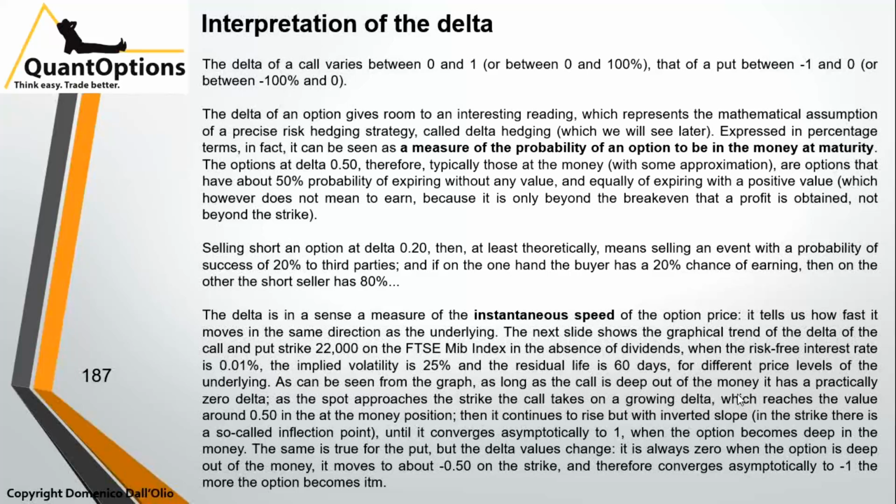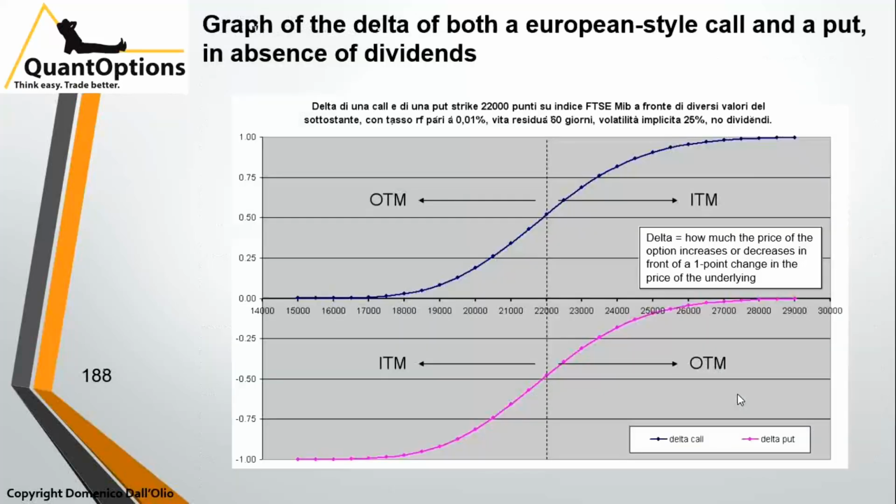The next slide shows the graphical trend of the delta of the call and put strike 22,000 on the FTSE MIB index in the absence of dividends when the risk-free interest rate is 0.01%, the implied volatility is 25%, and the residual life is 60 days for different price levels of the underlying. Let's move on to the chart.